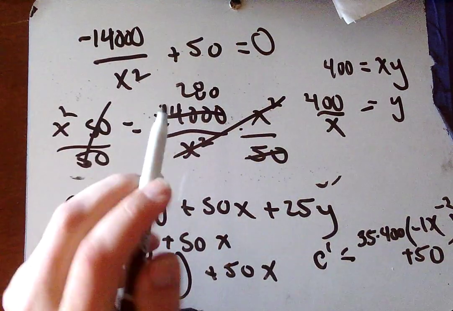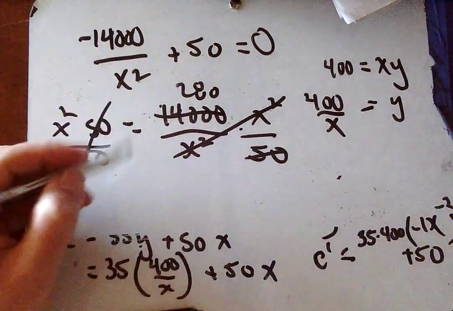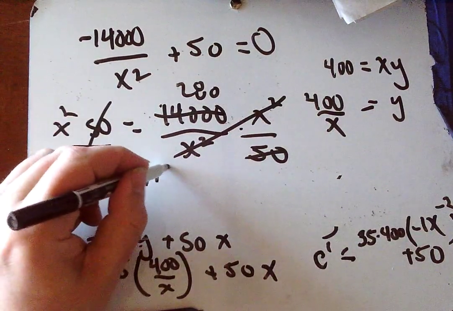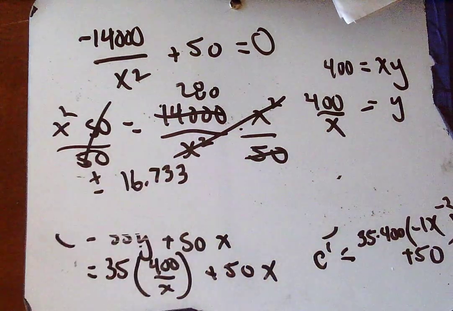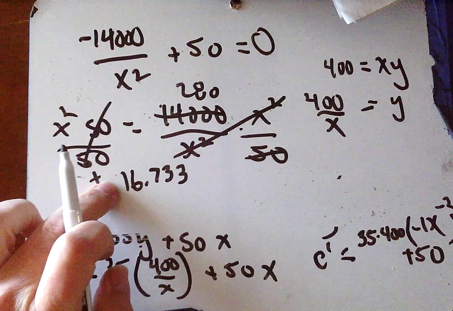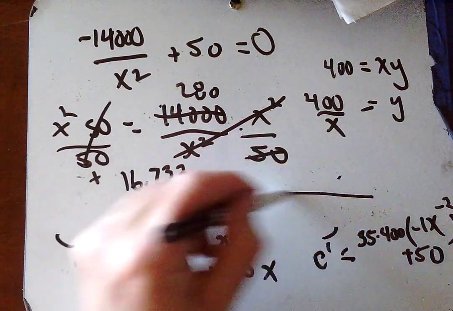So x squared equals 280. And if I take the square root of that number, I end up with 16.733. Now you could say you have plus and minus, but no, because I can't have a negative side length in this problem, and that's what x represents. So there's my critical number.